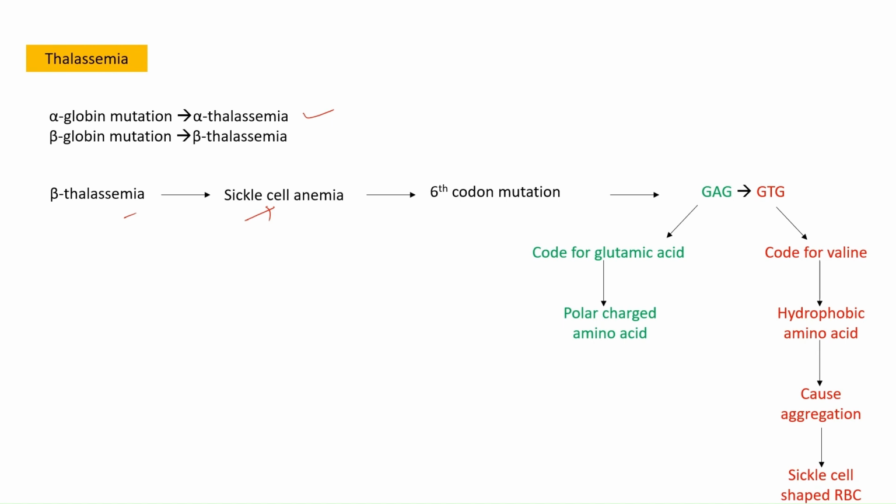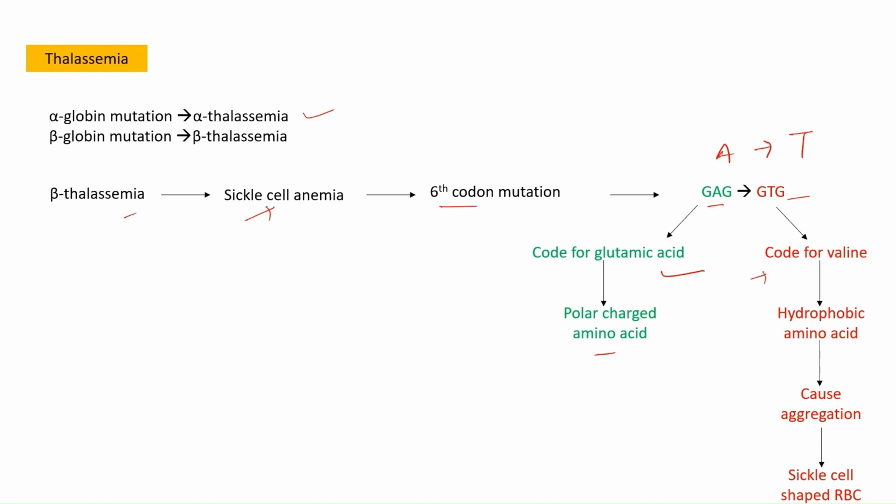This sickle cell anemia is caused due to a sixth codon mutation in the gene, where GAG gets converted into GTG. That means an A to T transversion. Now, GAG codes for glutamic acid, which is a polar charged amino acid. But when GAG gets mutated to GTG, it codes for valine.